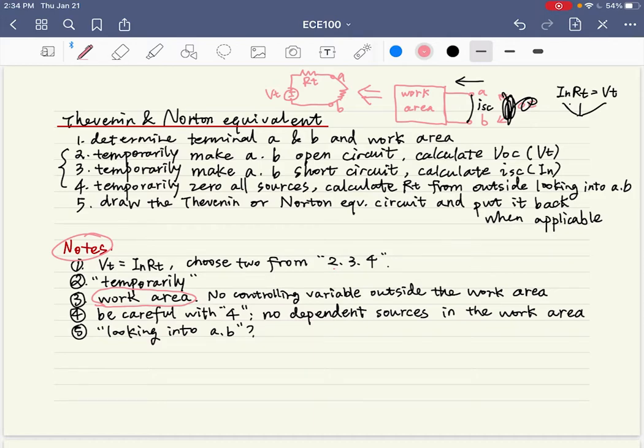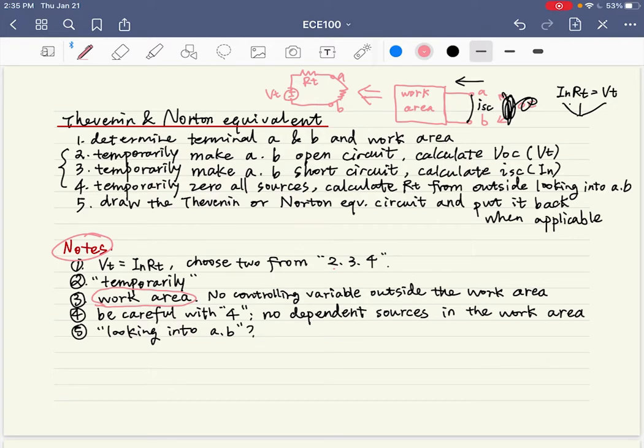After you calculate them and get the values, you should return to the original circuit, which means that A and B should be connected to where they were. It doesn't mean that you permanently remove the things between A and B, or permanently connect A and B directly. Okay?